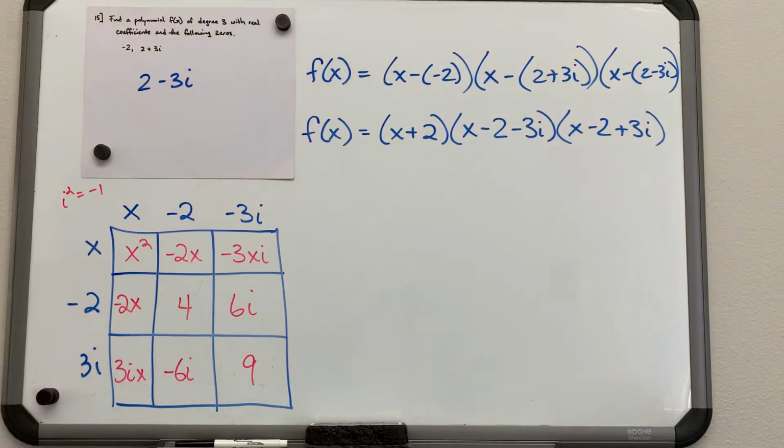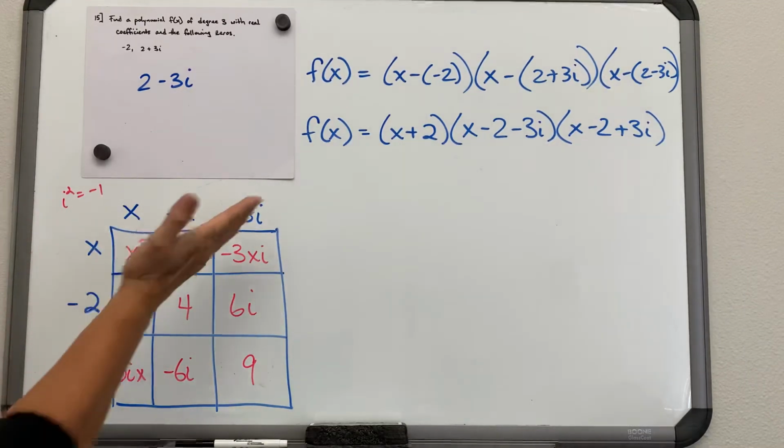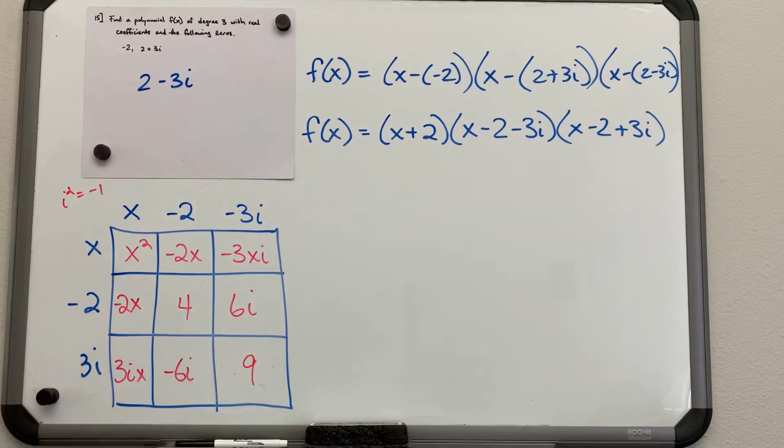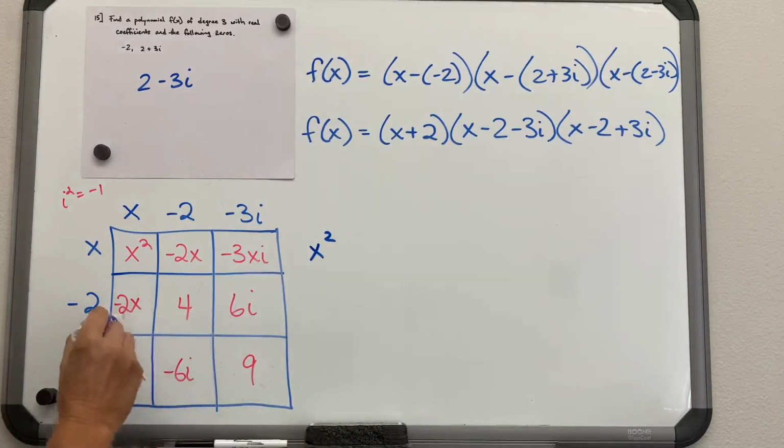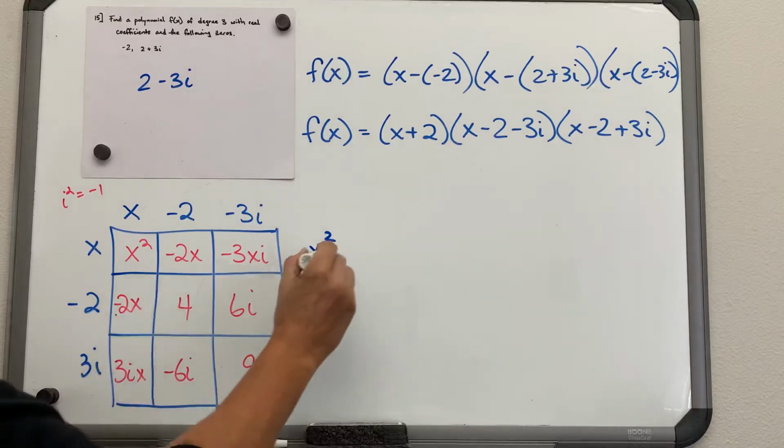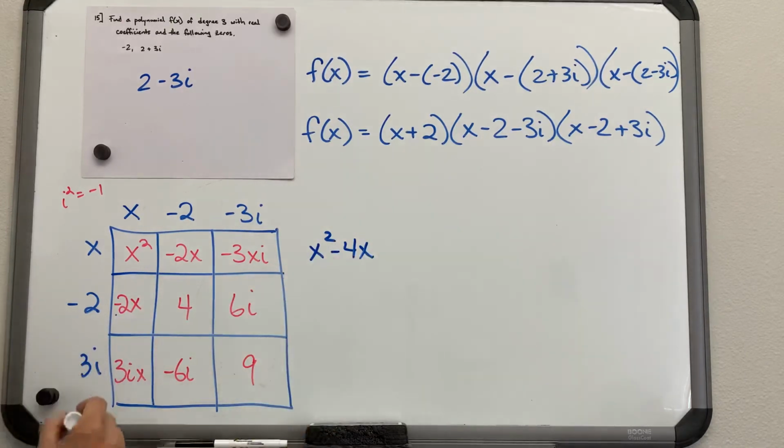Okay? Now what's cool about the box is that if you look at the diagonals, you'll notice that they're basically like terms. So I've got an x squared, so that's right there. Then I've got a negative 2x and a negative 2x, which is minus 4x. So I've done this and this.